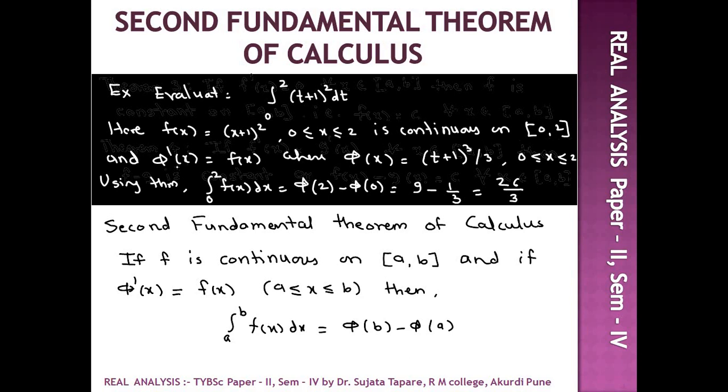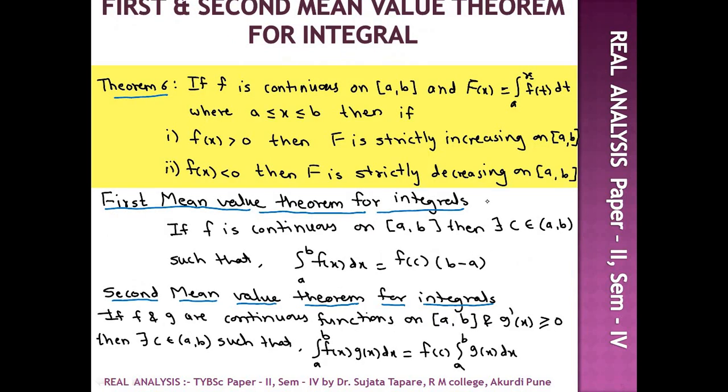Now, by using the first fundamental theorem of calculus, phi'(x) is equal to f(x). So, phi(x) is nothing but the integration of f(x), which is (t plus 1) whole cube by 3. So, using this second fundamental theorem, this integration is equal to phi(2) minus phi(0). Use this limit. So, phi(2) is 9, phi(0) is 1 by 3. So, it is 26 by 3.